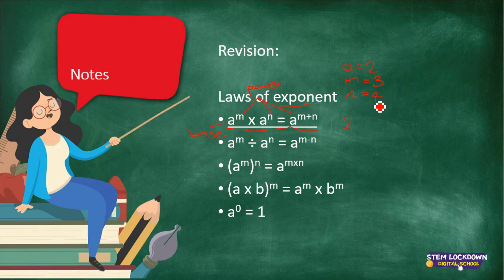So obviously I made it up. That's why I'm saying let A be equal to 2, m be equal to 3, and n be equal to 4.